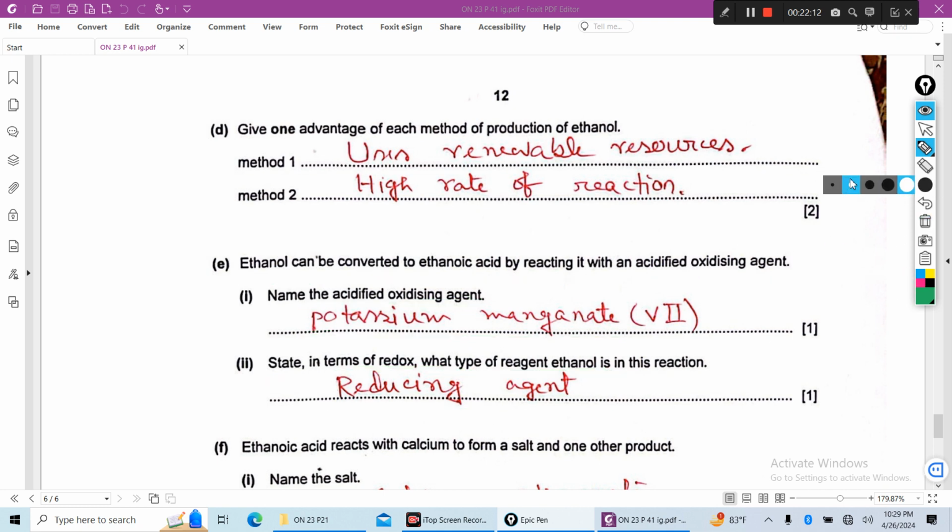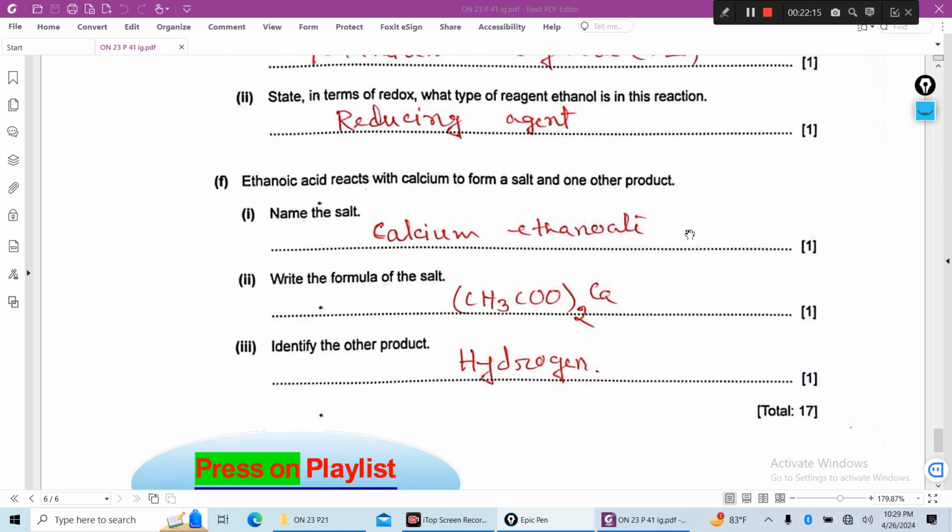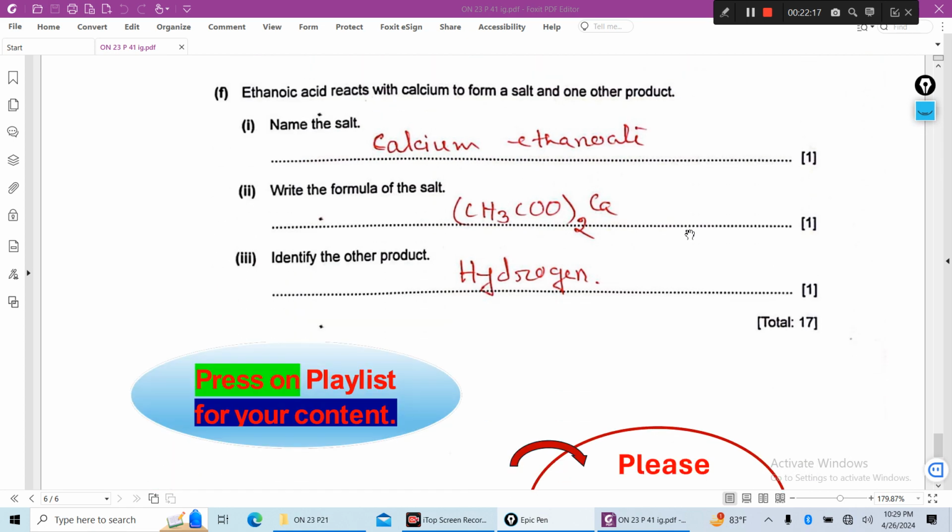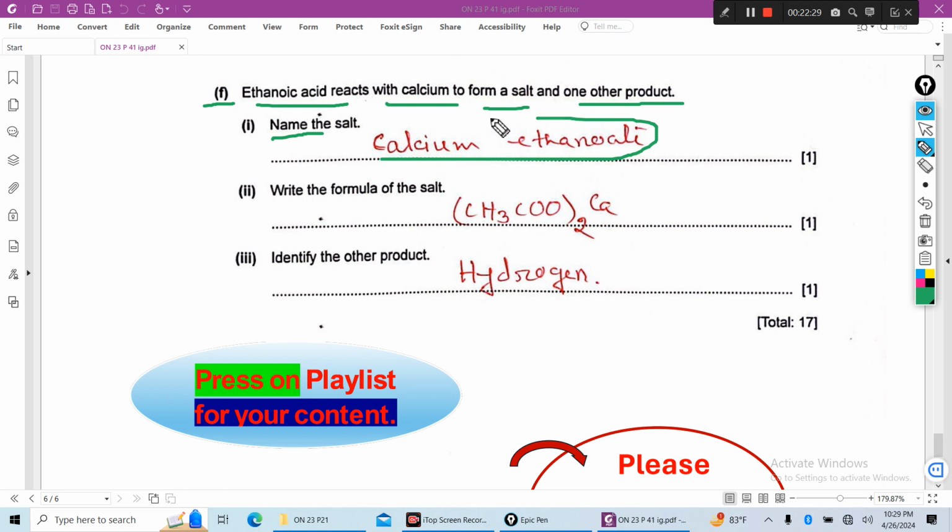Then next, F, ethanoic acid reacts with calcium to form a salt and one other product. Name the salt. Calcium ethanoate. You know, a metal reacts with carboxylic acid to form the metal salt of the carboxylic acid plus hydrogen.